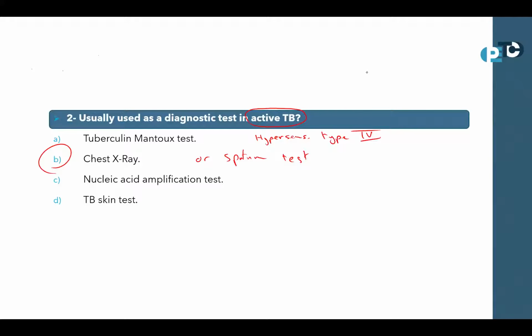It will not define which, but the presence of antibodies indicates that the patient has the antigen. This antigen may be due to the vaccine, and the vaccine may generate antibodies, so it will not indicate whether the TB is active or latent. However, the tuberculin Mantoux test is one of the important tests for TB.